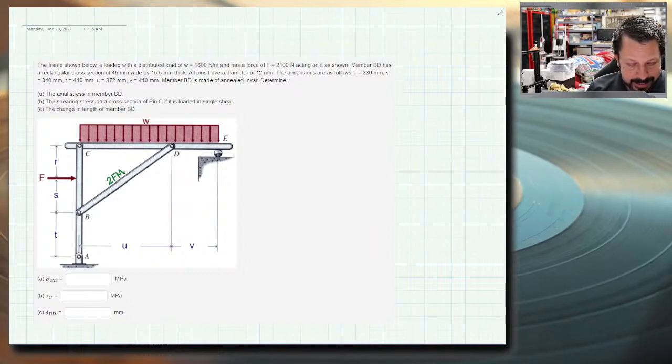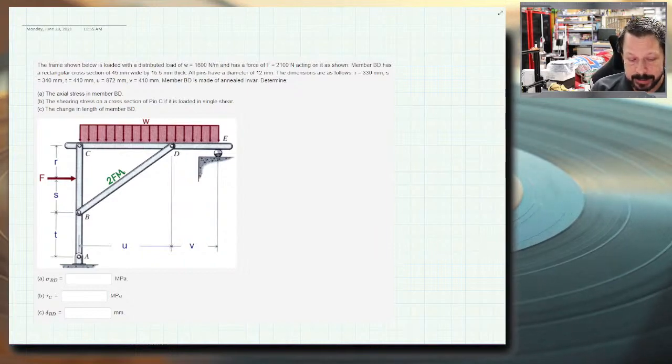So this problem is asking me to find the stress, so sigma, in member BD, the tau at C, so that's the shear stress at C, so that means that pin at C, how much shear stress is on it, and the change in length, so how much is it stretching or compressing of member BD.